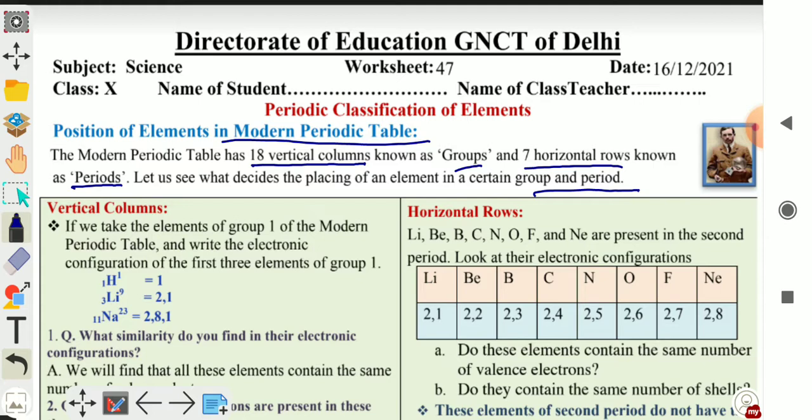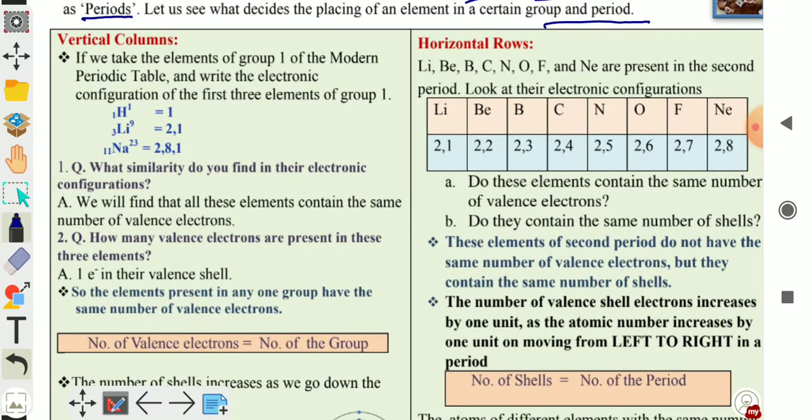First of all, we will discuss the vertical columns that are known as groups. If we take the elements of group 1 of the modern periodic table and write the electronic configuration of the first 3 elements of group 1. The first element is hydrogen and its electronic configuration is 1.